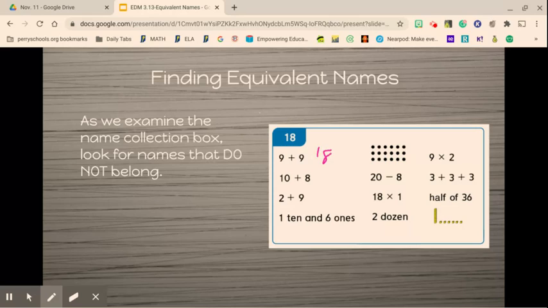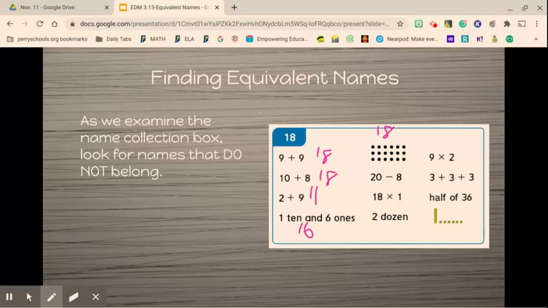That works. 10 plus 8 is 18. 2 plus 9 is 11. 1 ten and 6 ones is 16. This array has a 3 by 6. 3 times 6 is 18. I could stop and count all of them.